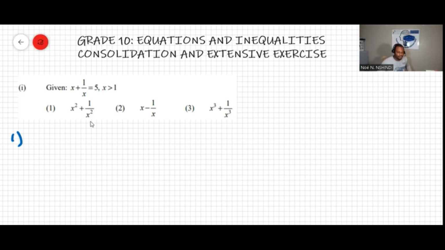What do we have there? It says that x plus 1 over x equal 5. The condition is given that x is greater than 1.